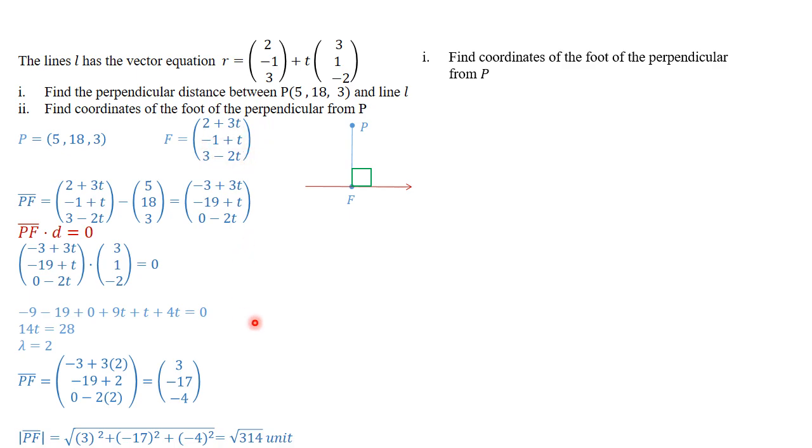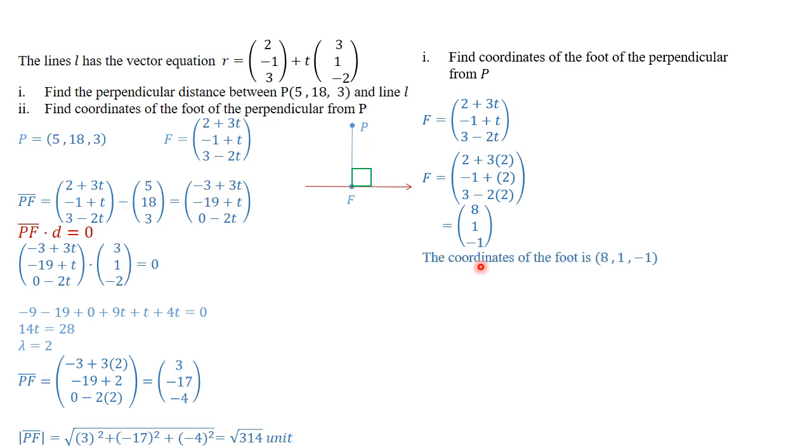And when PF is perpendicular to the line, t was equal to 2. So we just substitute the parameter t equals 2 into F, so that we can find the coordinates of the foot. If we substitute, we are going to have 8, 1, minus 1. So the coordinates of the foot are 8, 1, minus 1.